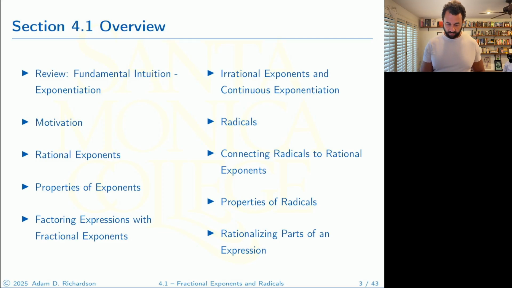So in this section, we're going to review our fundamental intuition of exponentiation. We're going to get a motivating question to motivate what we're going to talk about today. We'll talk about rational exponents, properties of exponents again, and then a really important technique here, factoring expressions with fractional exponents. Then we're going to talk very briefly about irrational exponents and the notion of continuous exponentiation.